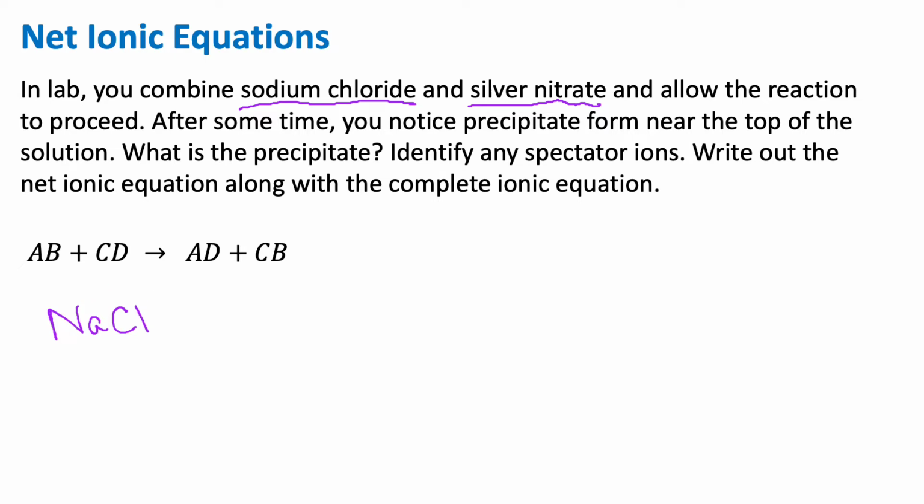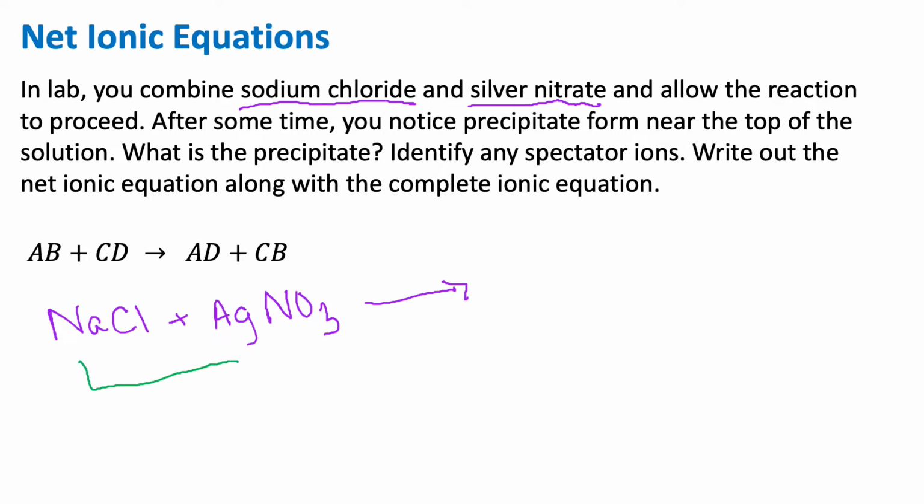Next, we have our silver nitrate. So Ag, silver has a charge of +1, and nitrate has a charge of -1. So those -1 and +1 will cancel each other out, so we will simply get AgNO3. So we have sodium chloride and silver nitrate reacting. When they react in solution, remember it's going to be a double displacement reaction.